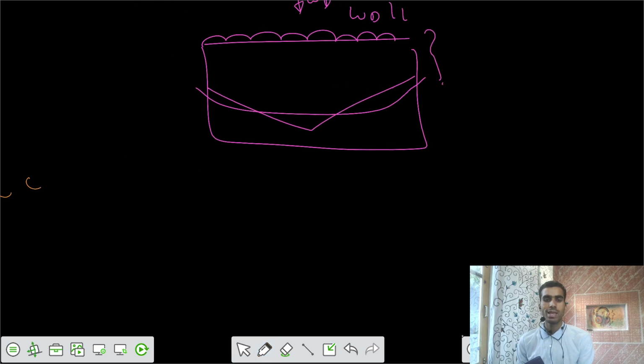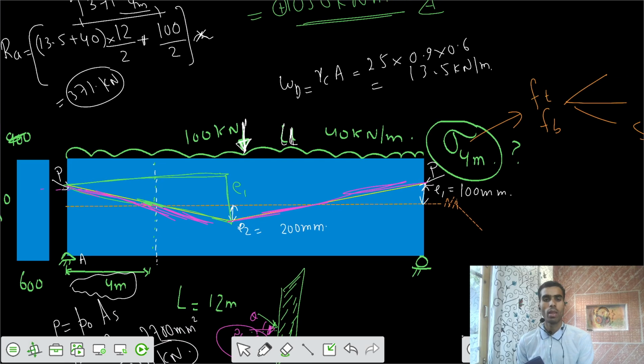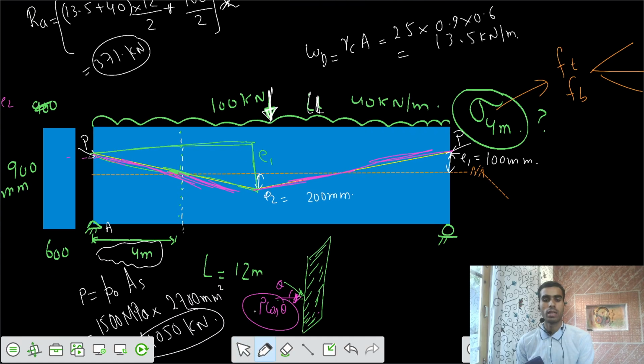But the problem says directly that you take a triangular cable and solve for the stresses at this location, on the 4 meter section.